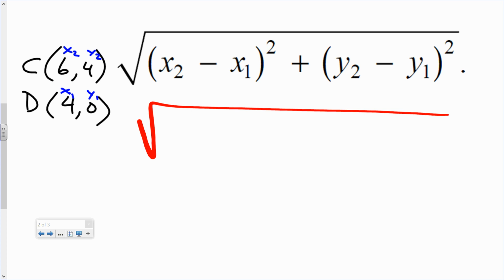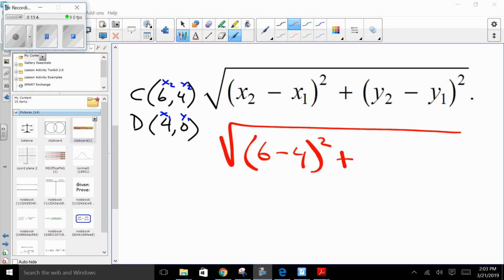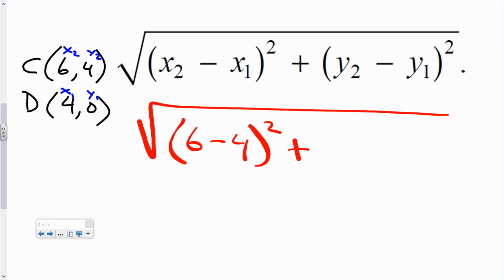So x sub 2 is 6 minus x sub 1 is 4 squared plus y sub 2 is 4 minus y sub 1 is 0 squared.